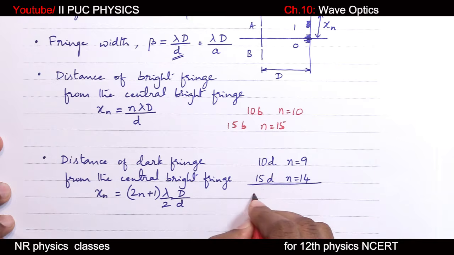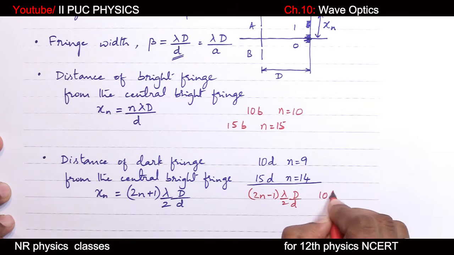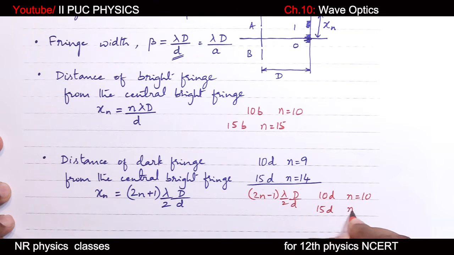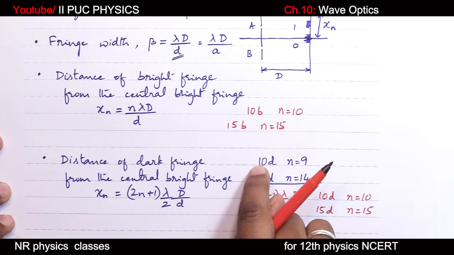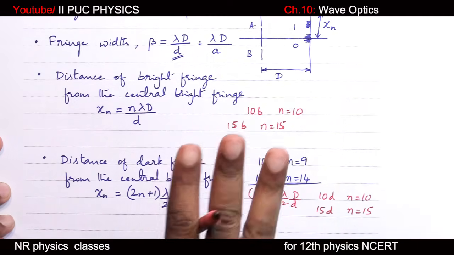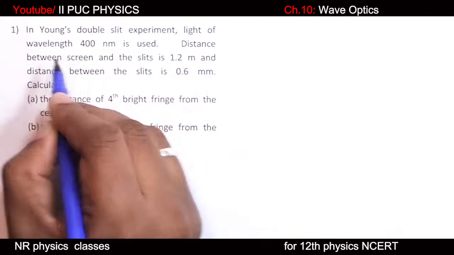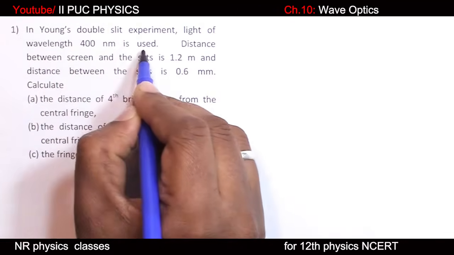Suppose if somebody uses (2n minus 1) lambda by 2 capital D by small d, then for 10th dark, n is 10, for 15th dark, n is 15. For this equation they have to take this. If 2n plus 1 is used, then for 10th dark n is 9, 15th dark n is 14, for 4th dark n is 3.